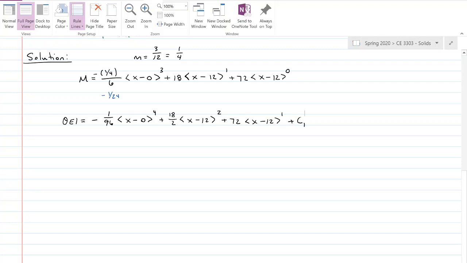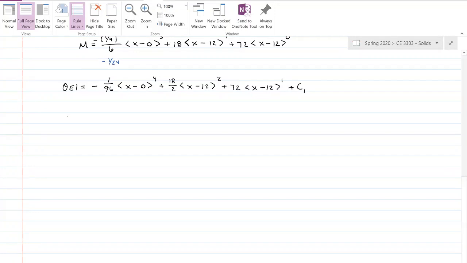Yes, we're still double integrating, but that's not what the method is called. Then we have our elastic curve equation, which is minus 1 over 480 times x minus 0 to the fifth, plus 18 divided by 6 times x minus 12 cubed, plus 72 divided by 2 times x minus 12 squared, plus C1x plus C2.